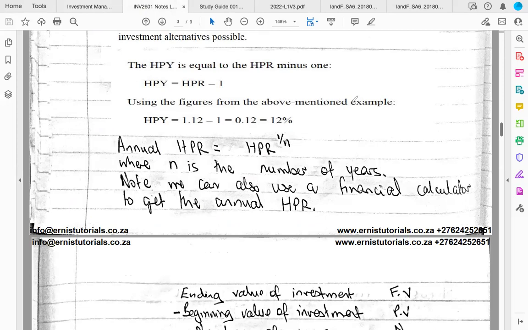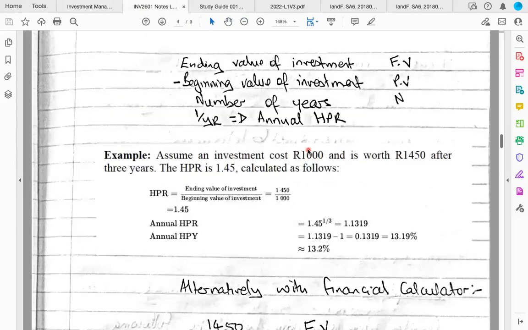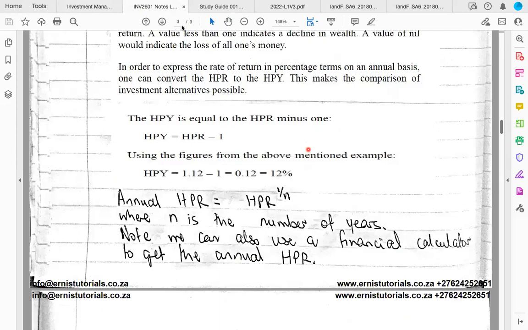And then we can calculate the annual holding period yield by simply saying the annual HPR minus 1.